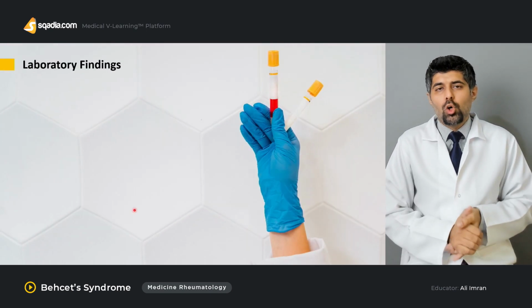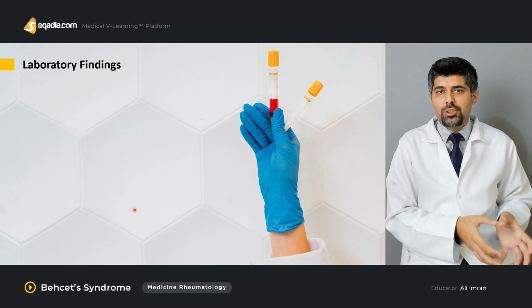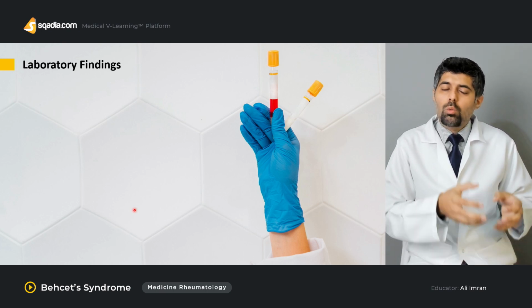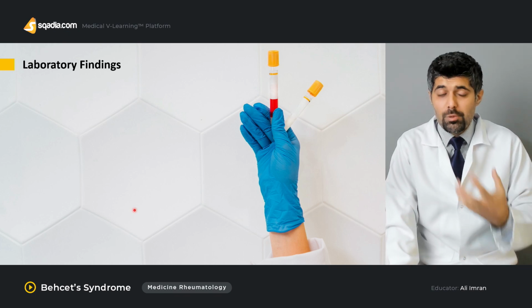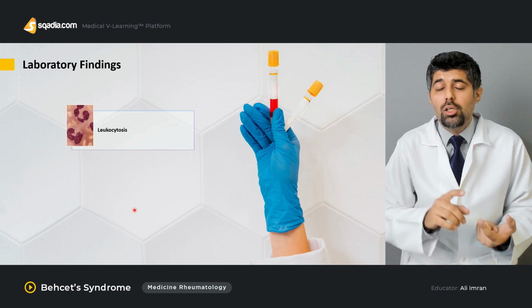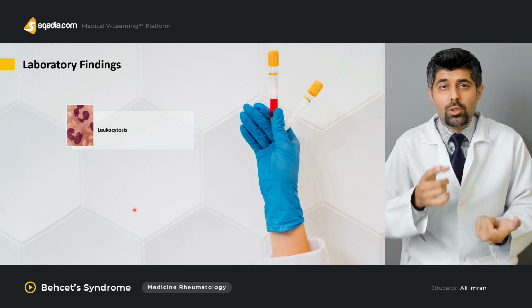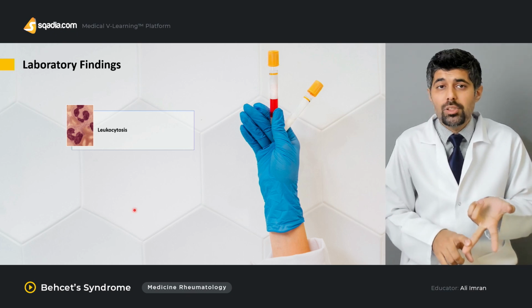Next, we're going to talk about the laboratory findings in Behcet syndrome. Now, if we perform laboratory tests on a patient with Behcet syndrome, we usually find leukocytosis, because again there's increased migration of neutrophils.